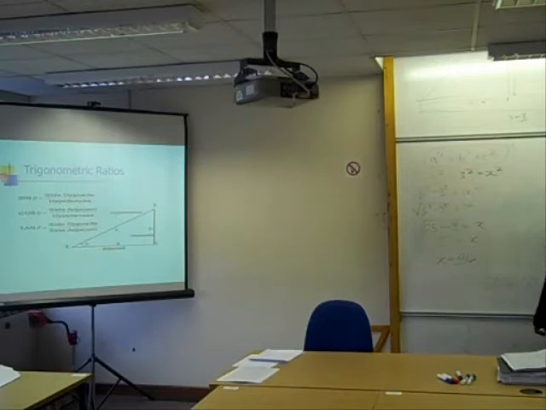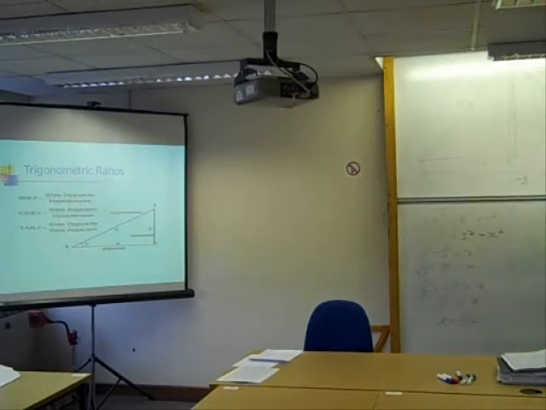And quickly, we need to work out this angle as well. So we're going to use the Sohcahtoa rule. The Sohcahtoa tells me that the sine of the angle equals the opposite of the angle divided by the hypotenuse.